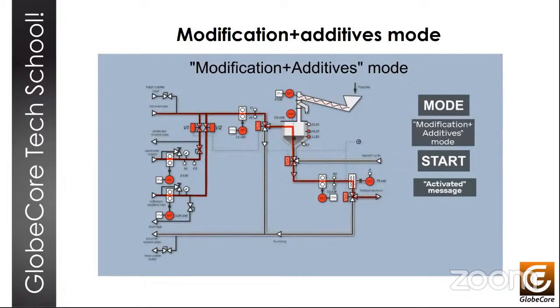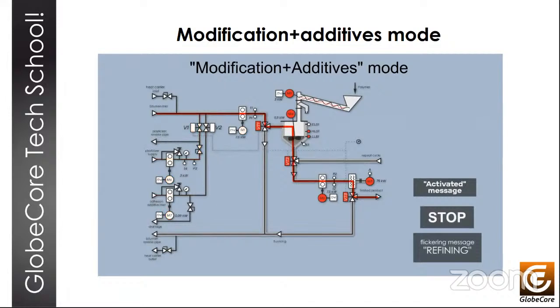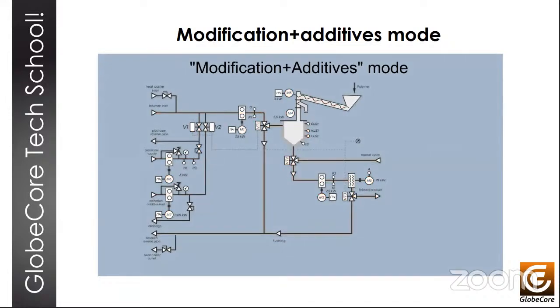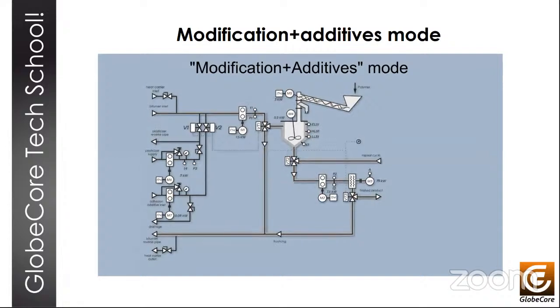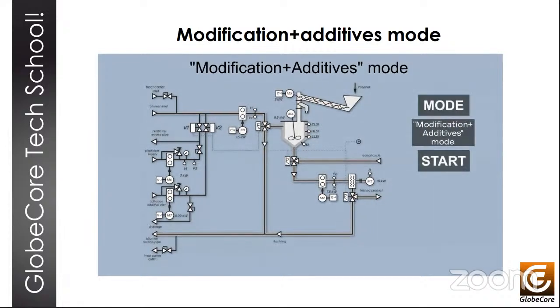When the LLS1 sensor turns off, so when the bitumen level drops below the low level sensor, the M4 mixer stops. Then after a certain time, when the mill current drops below a specific set point, the M2 pump and the M3 mill also stop. The active and the finish messages disappear because the process is now complete.